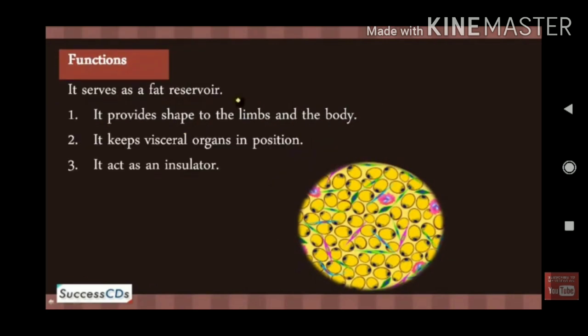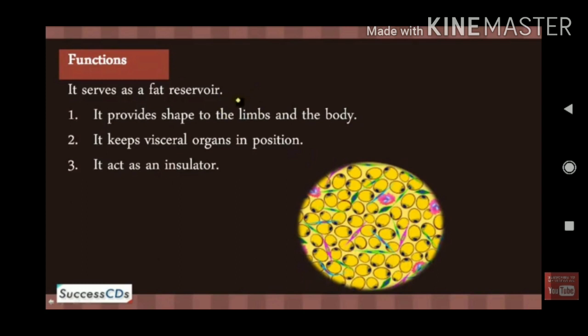This adipose tissue also acts as a shock absorber. It is present in the kidney and many internal organs. This is a subcutaneous layer. Even if you go in heavy temperature, the sun rays will not affect our internal organs. What is the reason? Tell me, student.